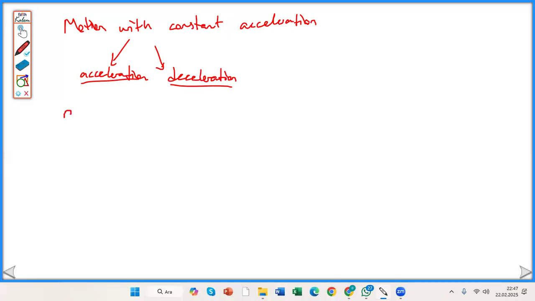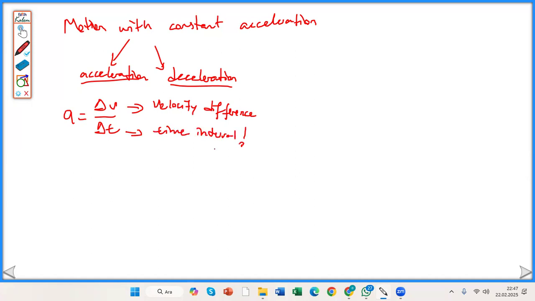It has a special formula: delta v over delta t. This is the velocity difference, and this is the time interval. Let me show you once again the different options and different kinds of motions.